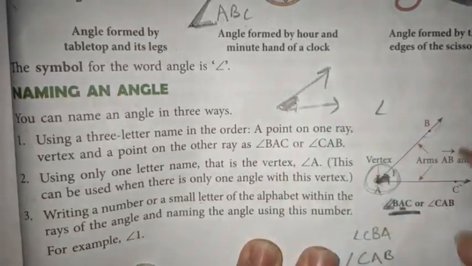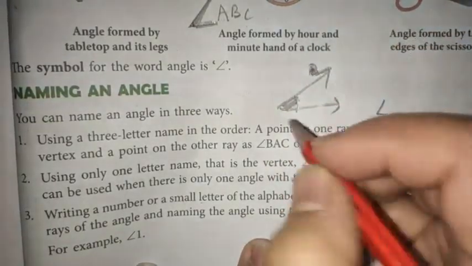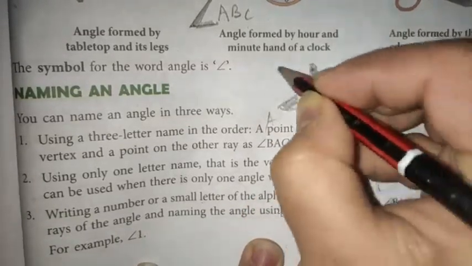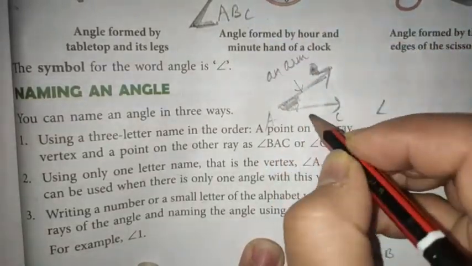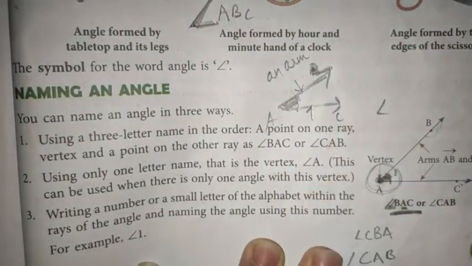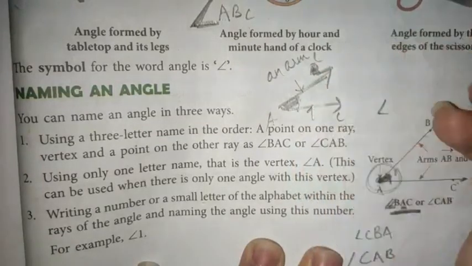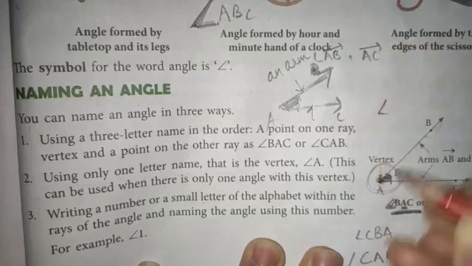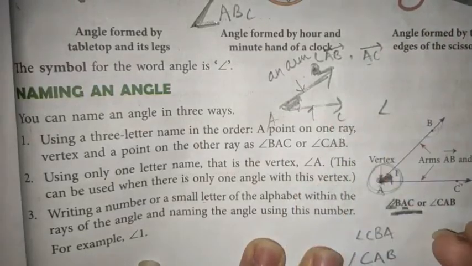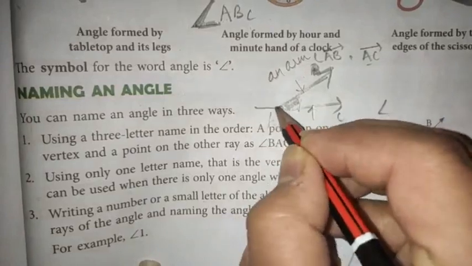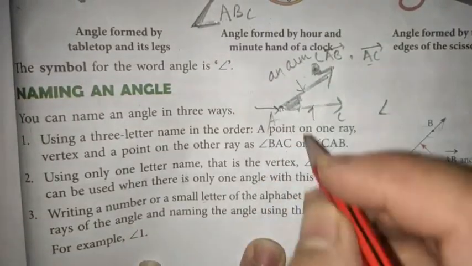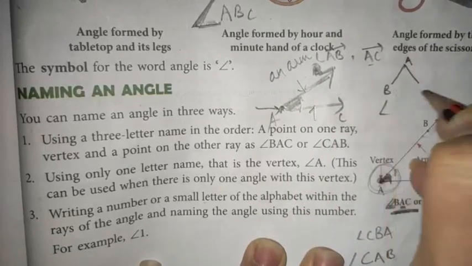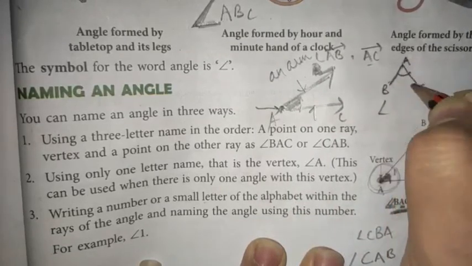Two rays are meeting and forming an angle. What is B A and C here? This is called an arm. There are two arms in an angle, represented by AB and AC. Now the vertex, the common endpoint: the vertex is A here, in BAC or CAB.